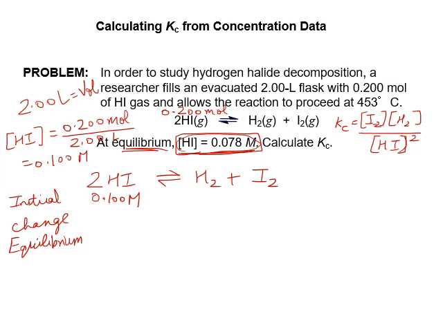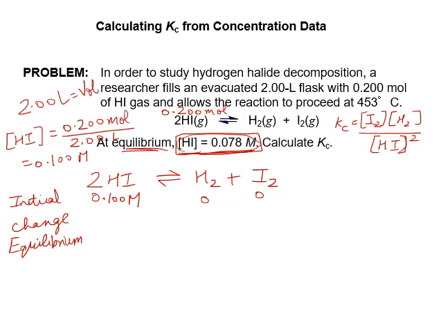Again, this is an ICE table where we only use concentrations. You cannot use moles here. So I started with this. Do I have any hydrogen in the beginning? 0 and 0. Because I started with only reactant in the beginning, before the reaction started, I should not have any product. So that is why I put zeros here.